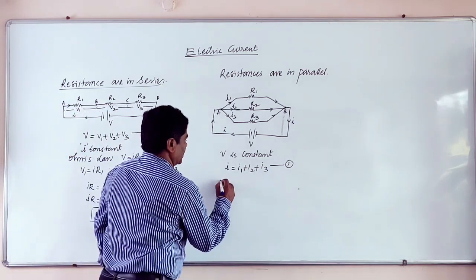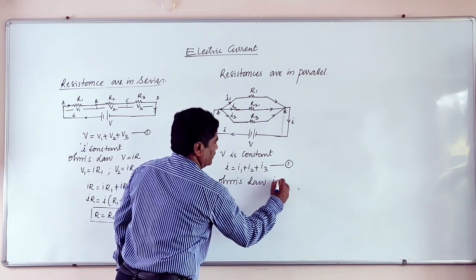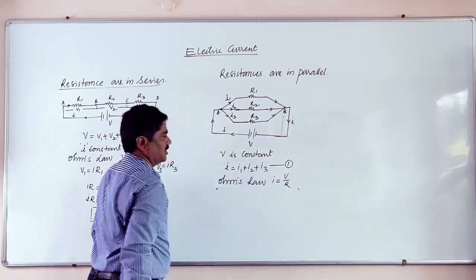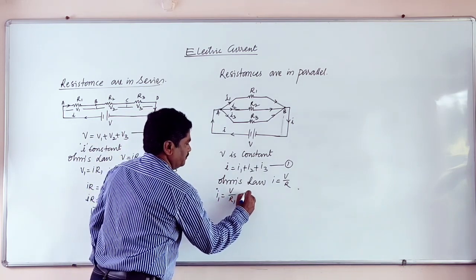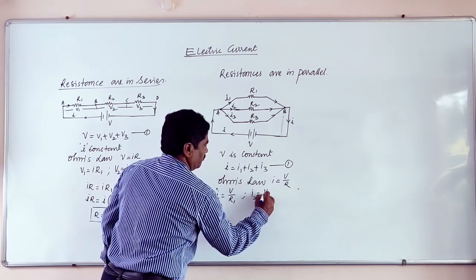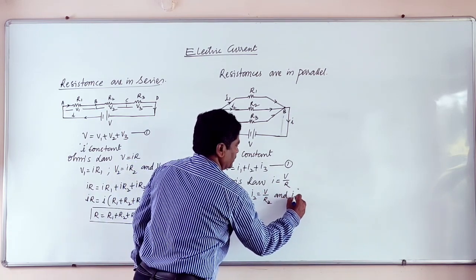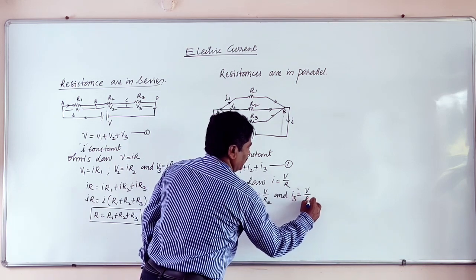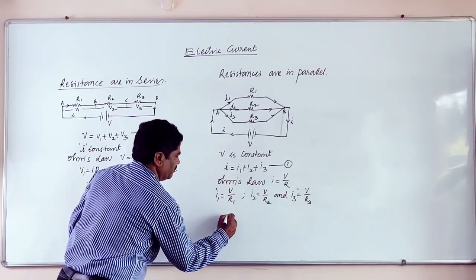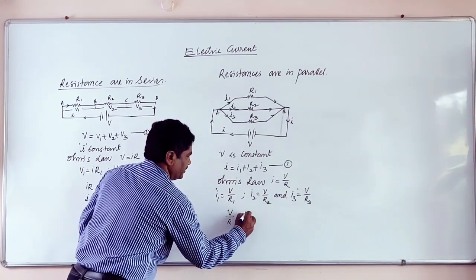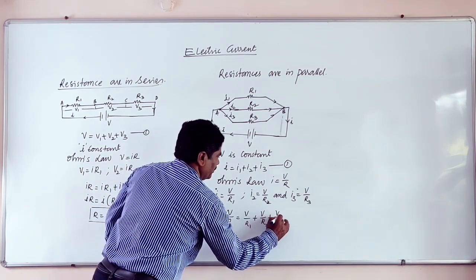According to Ohm's law, we write it in the form I is equal to V by R, according to our convenience. Therefore, I1 is equal to V by R1, I2 is equal to V by R2, and the current through the third resistance is V by R3. All these values we can substitute in equation 1, thereby V by R is equal to V by R1 plus V by R2 plus V by R3.